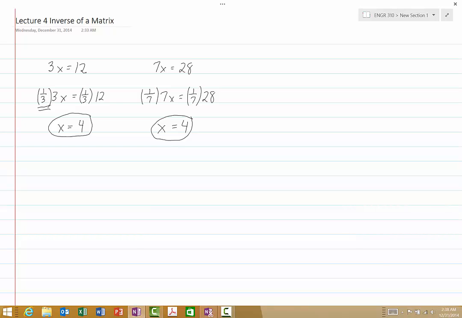So this idea of multiplying both sides of the equation by the multiplicative inverse of the coefficient of the unknown term might raise a question in your mind. The question is this: can we do something similar with matrices?